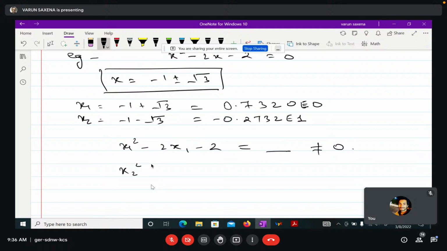If you take x2 squared minus 2x2 minus 2 and evaluate it, you will see it will not be equal to 0. We'll check this later. But I'm just making a statement here that when we do floating point arithmetic, the equations where we know there is an equality, well, there will not be an equality. So these are some pitfalls of floating point representation that I think you should know.